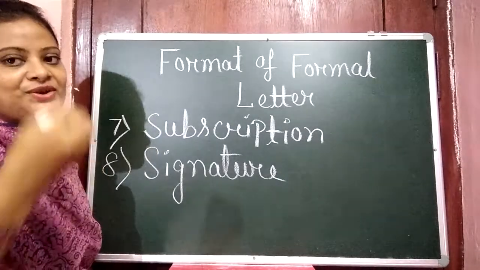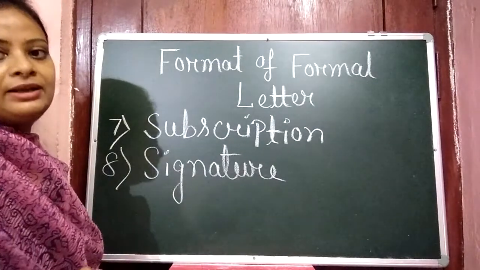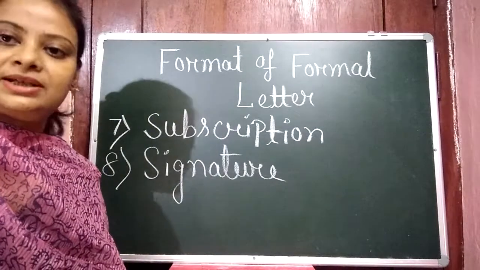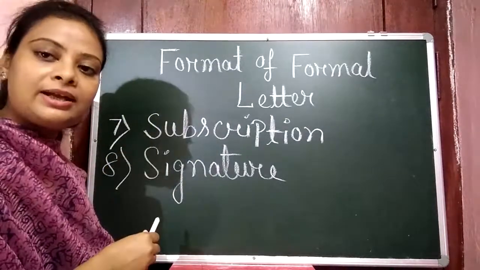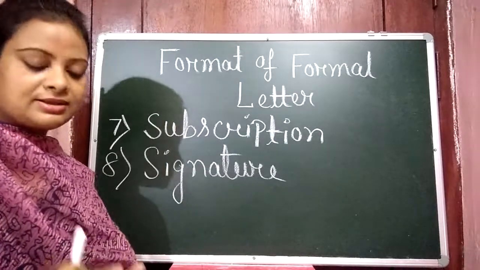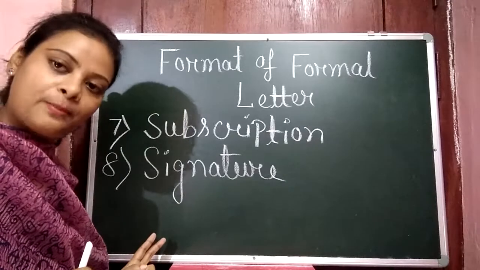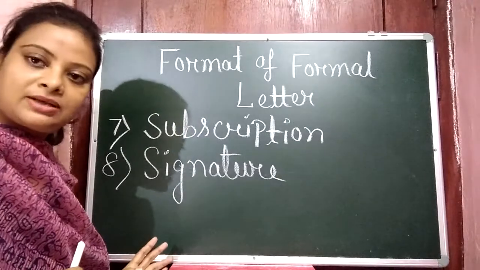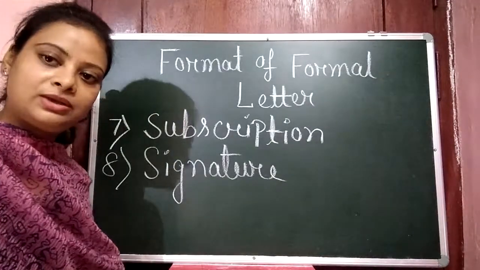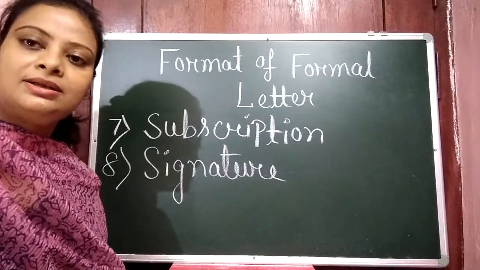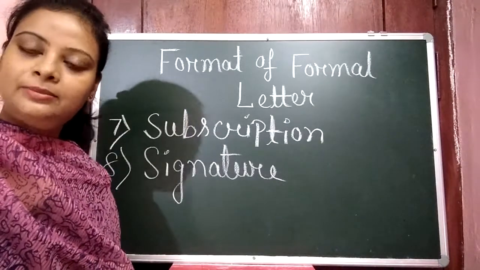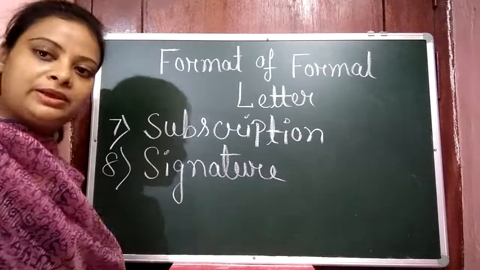So 8 parts would be there. In case of an informal letter, you have 6 parts, and in case of a formal letter, 8 parts. So there is a difference of 2 parts. There are 2 more parts here in case of a formal letter. An informal letter has 6 parts, a formal letter has 8 parts. So just remember these things, and whenever you are writing a formal letter, make sure your 8 parts are there. Okay.